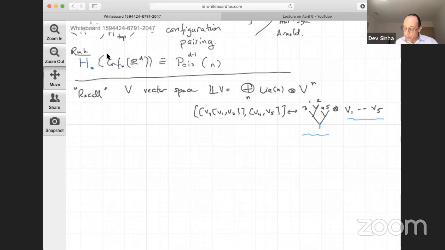But then from this point of view, let W be a vector space and call EW the direct sum of this Isle module.